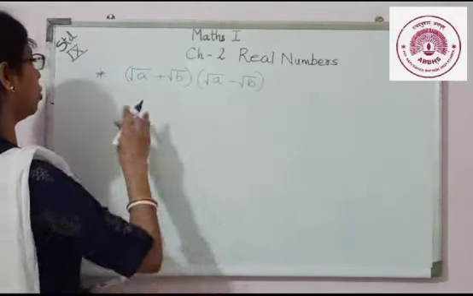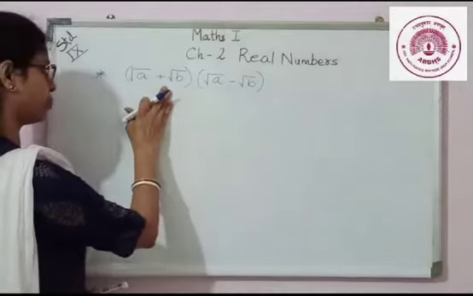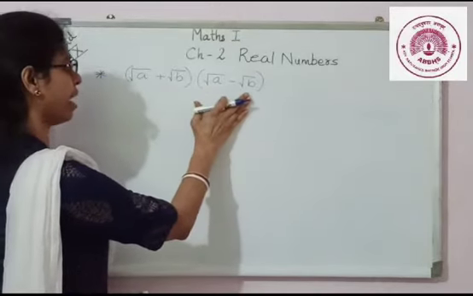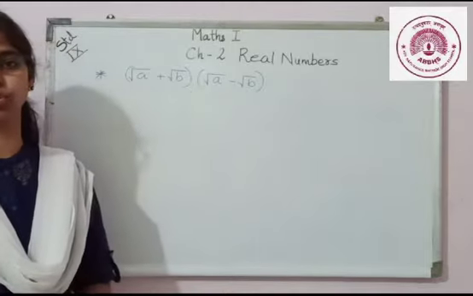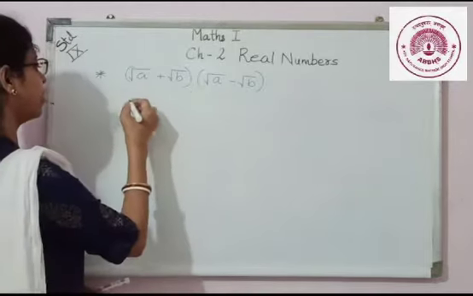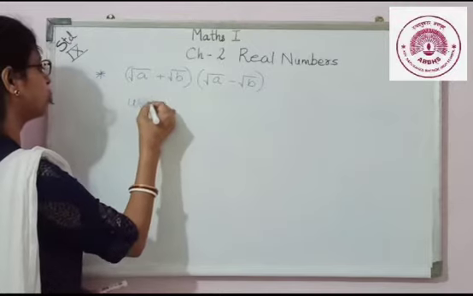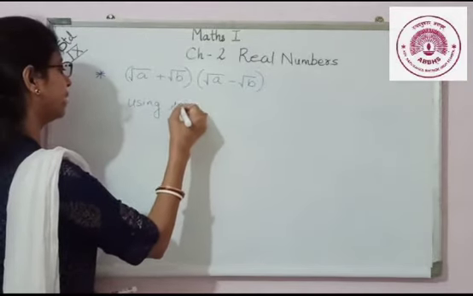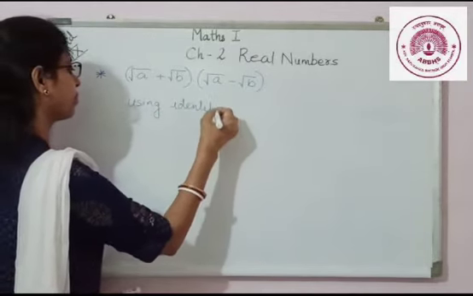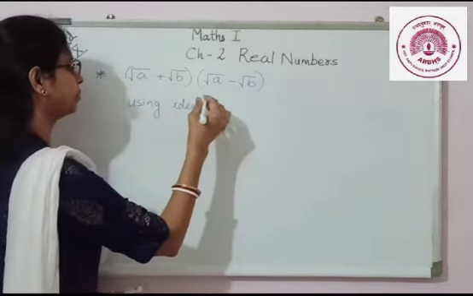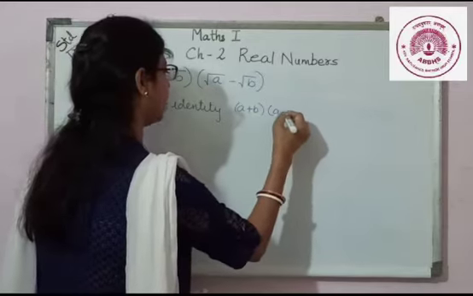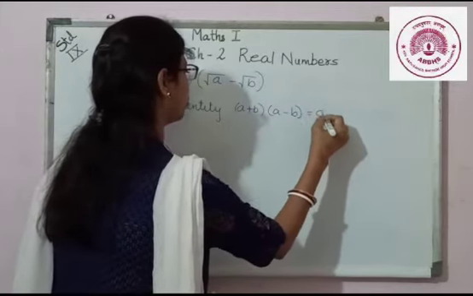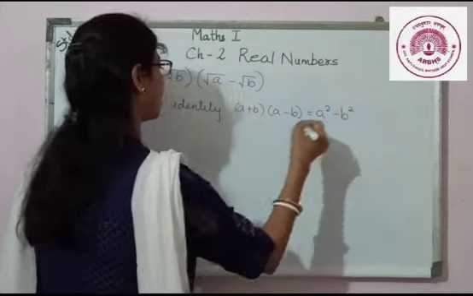Now here, (root A plus root B) into (root A minus root B). To find its product we can use the identity (A plus B) into (A minus B) equals A square minus B square.